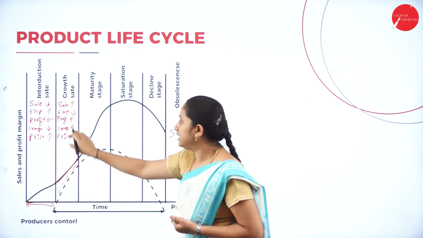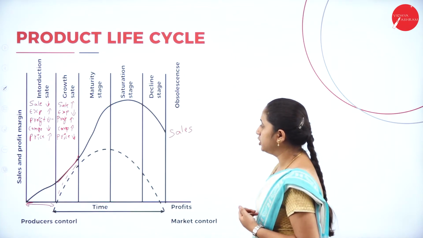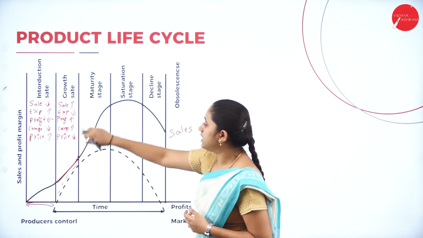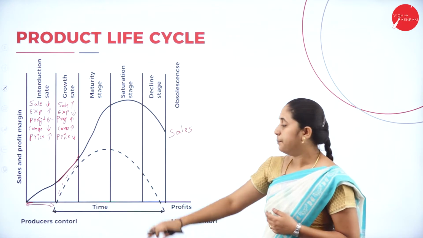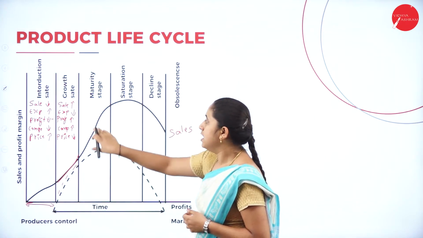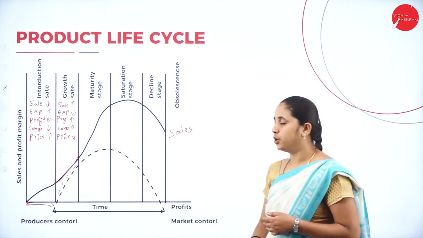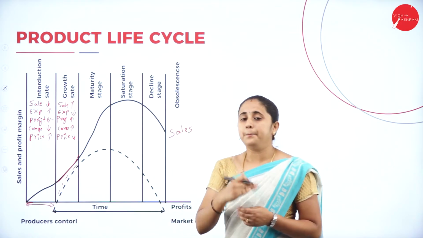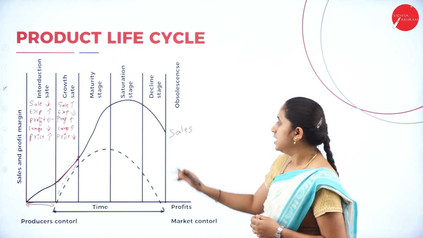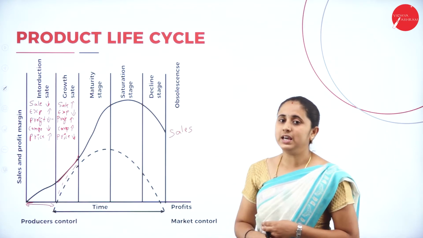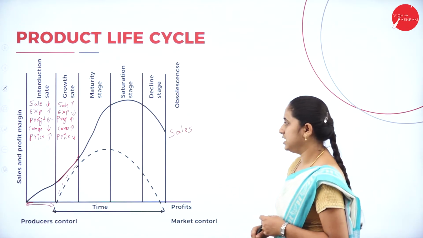So these are all the characteristics of the growth stage. In the growth stage, sales start increasing, companies start earning more profit, and expenses are low. Competitors enter the market, so prices are relatively low in the growth stage.